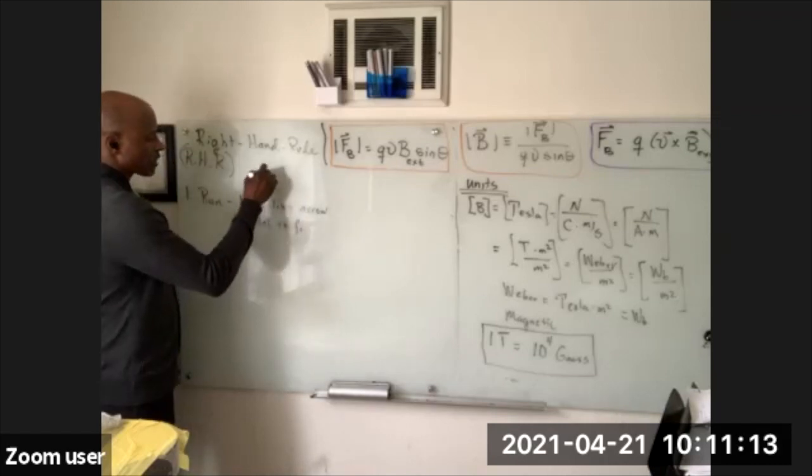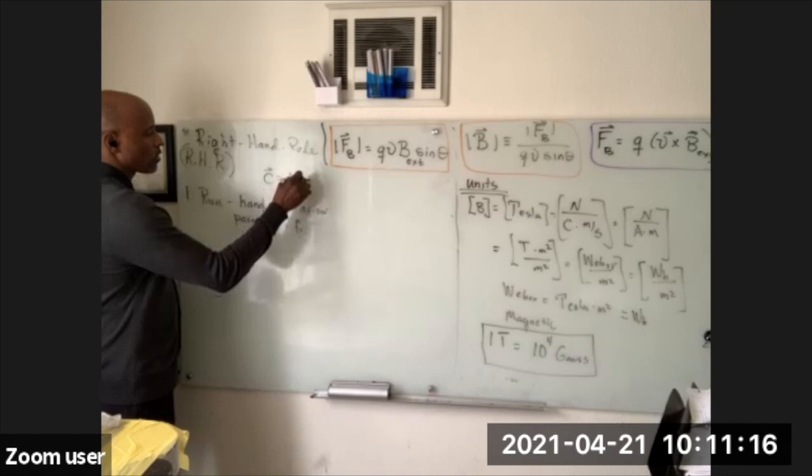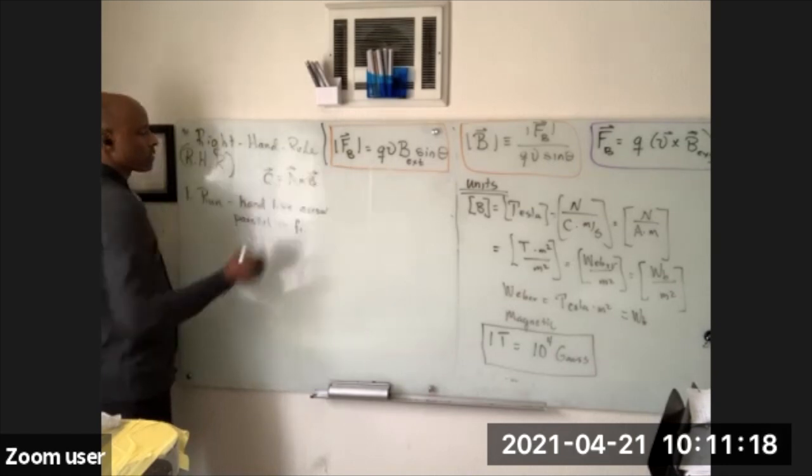If you have a cross product, C is equal to A cross B, let's do it in the context of this equation.